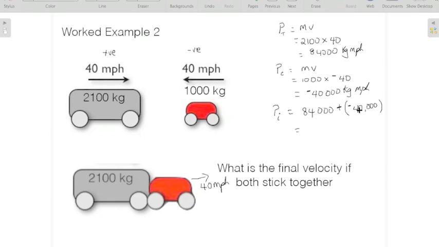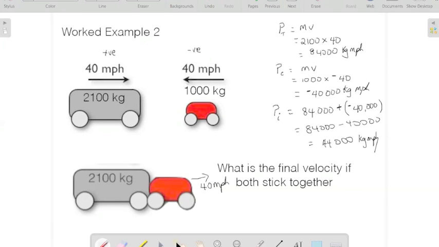This still works out to be 84,000 minus 40,000. So that's 44,000 kilogram miles per hour. Are you following? Yeah. I'm going to leave you from here now. So continue and find the final momentum.